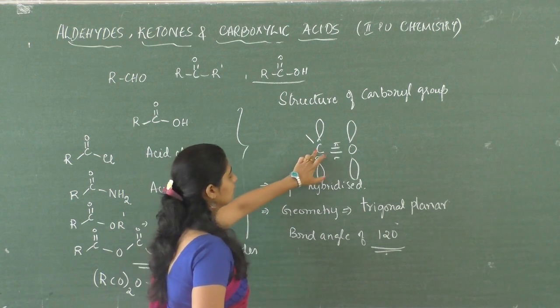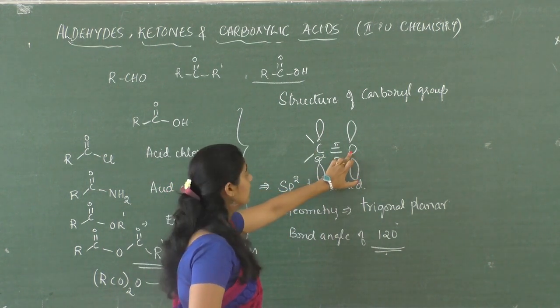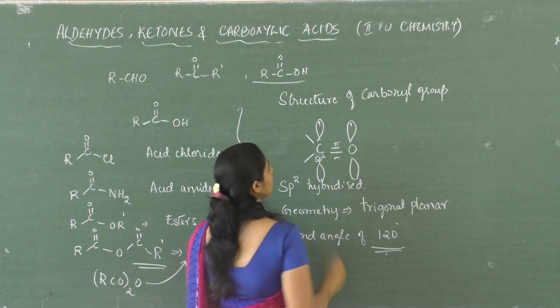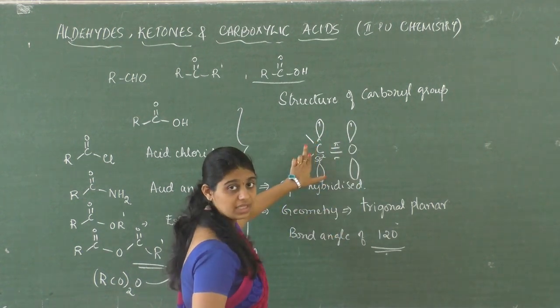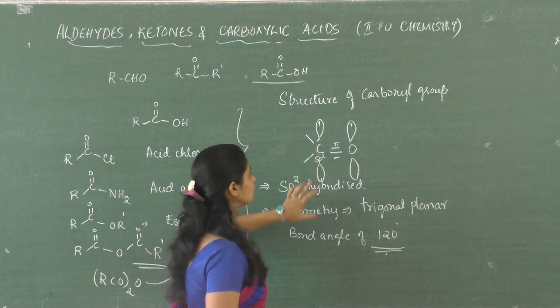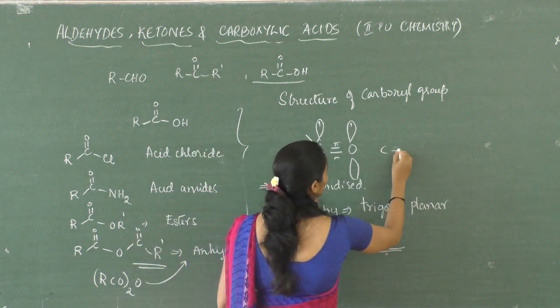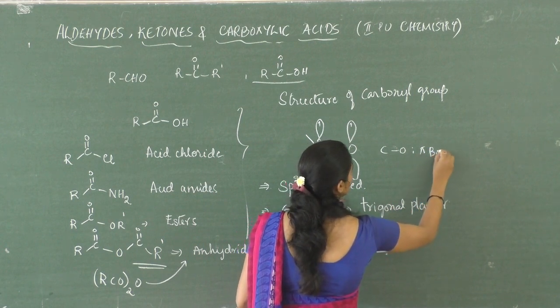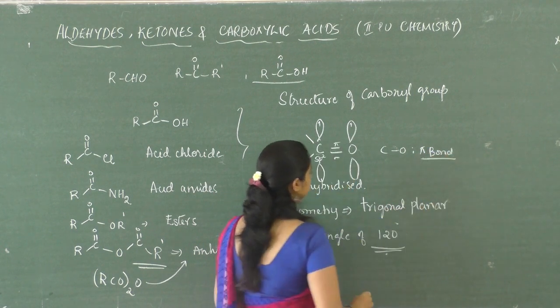Both carbon as well as oxygen have an unpaired electron in the p orbital, which will overlap sideways or laterally to form the carbon to oxygen pi bond.